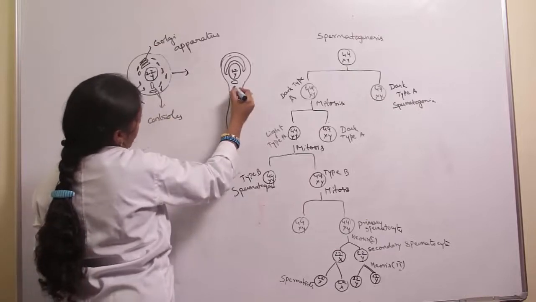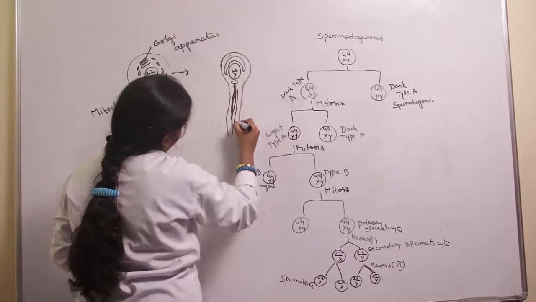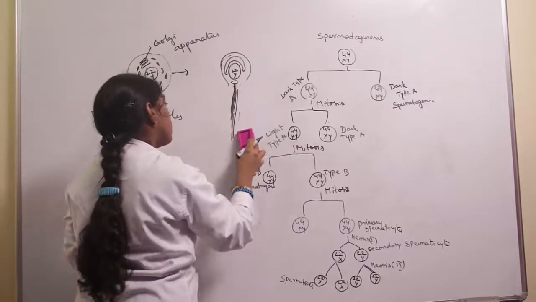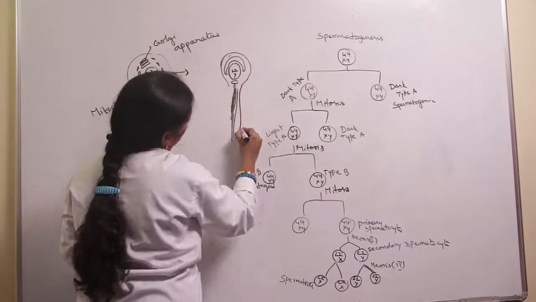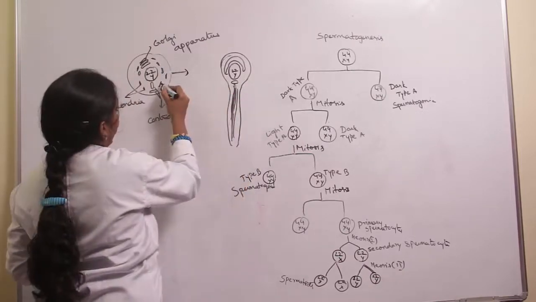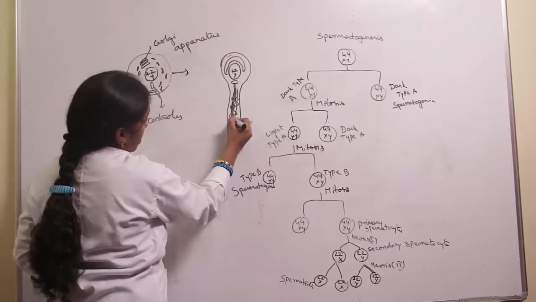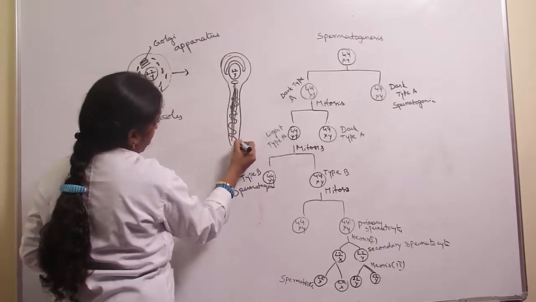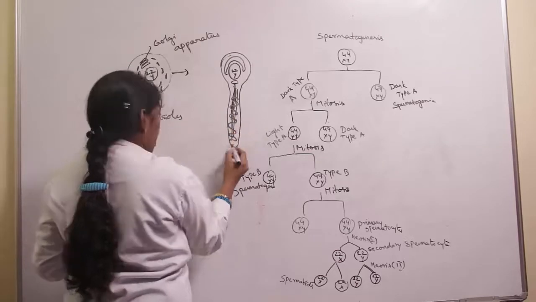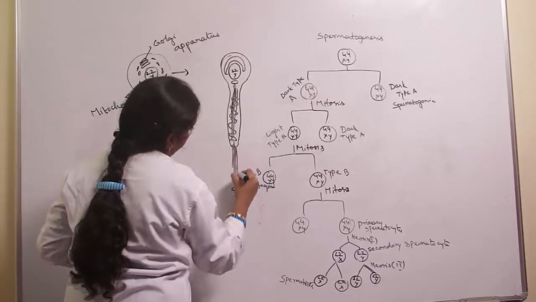From the posterior centriole, axial filaments come, and the mitochondria form a sheath around the axial filaments, and the axial filament further extends downwards. This is called the tail of the sperm.